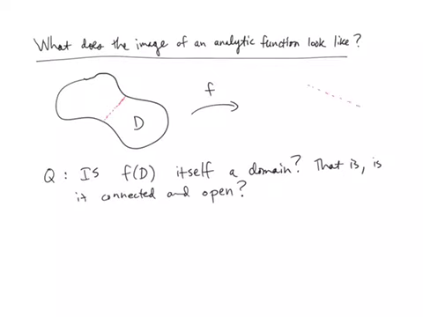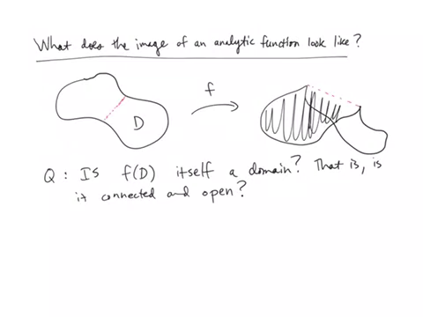So one half gets mapped over here like this, and then it gets folded so that the other half ends up like that. And so your image looks something like this in total.